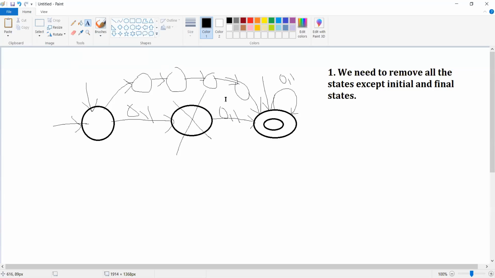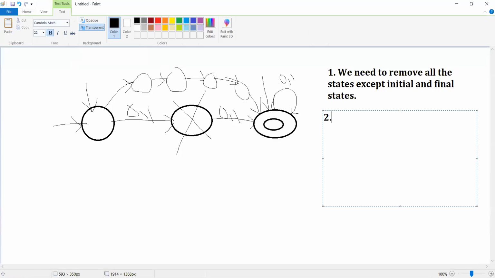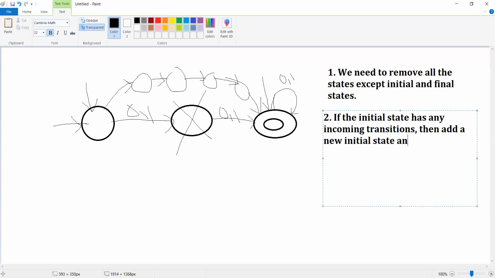Then the second very important point, please remember: if the initial state has any incoming transitions, then we need to add a new initial state and specify an epsilon transition from the new initial state to the old initial state.